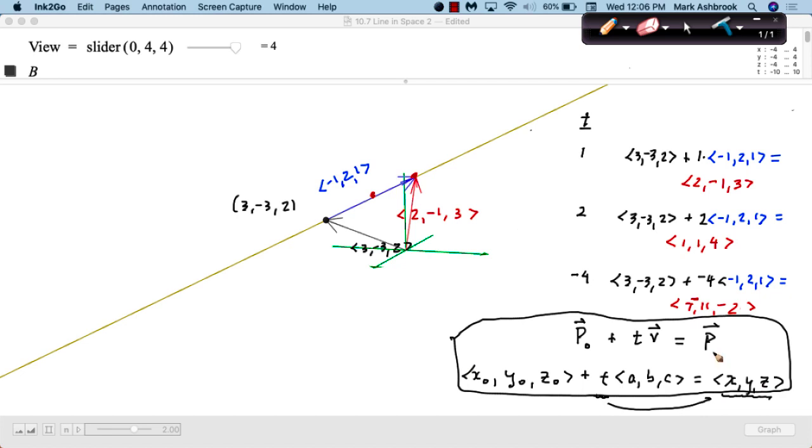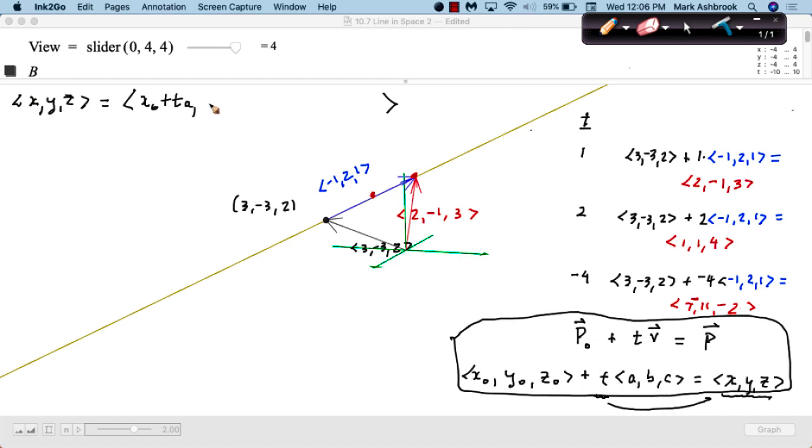Okay, so now let's do the math on the right-hand side. So x, y, z equals what? What's the x component if you do the math? x naught plus ta.